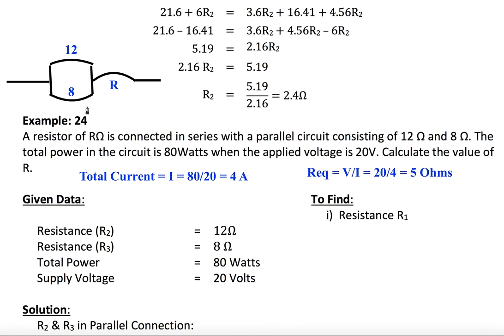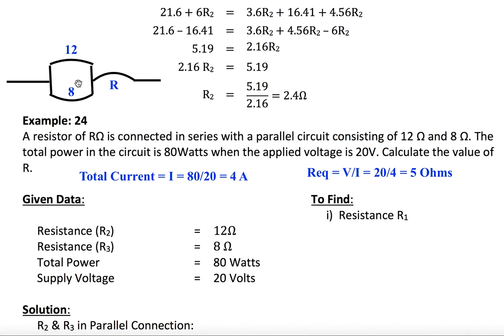Okay, so what is the parallel combination of 12 and 8? 12 into 8 is 96, upon 12 plus 8, which is 20. 12 into 8 upon 20, right? 4 threes are 12, 4 fives are 20, so 24 by 5. 24 by 5.